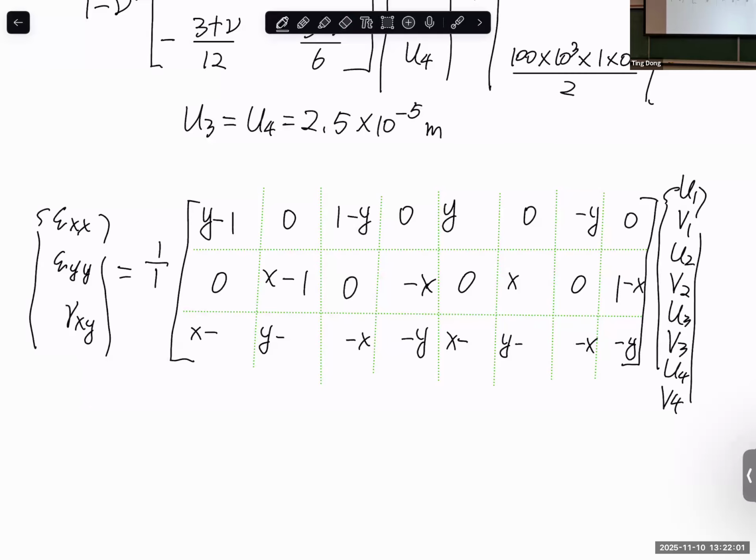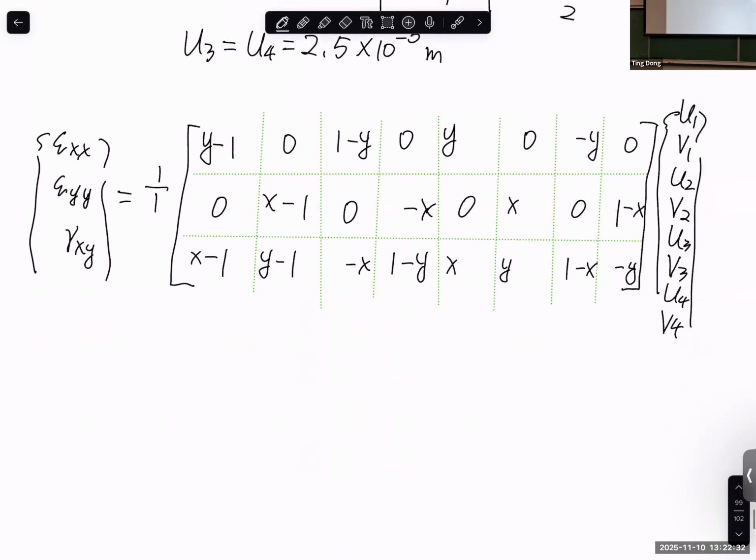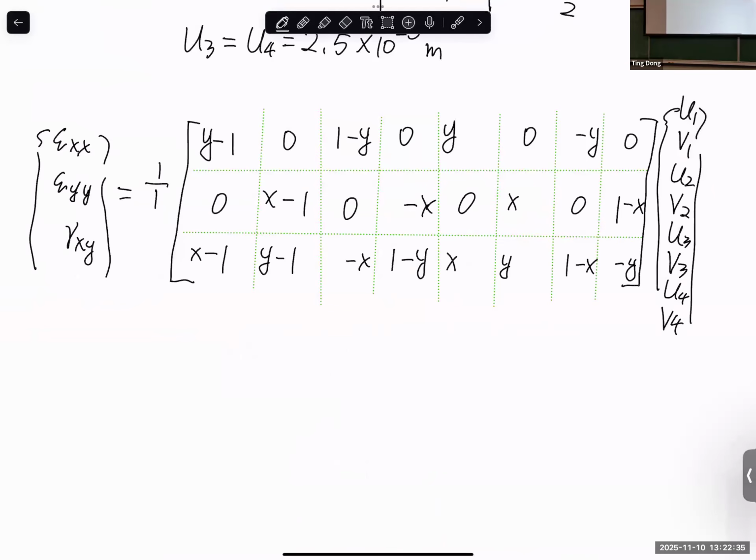So 1, 1, 1 minus y. This is 0. Yeah. So basically, the coordinate at node 1 should be 0, 0. Node 2 should be 1, 0. Node 3 should be 1, 1. Node 4 should be 0, 1. You plug in, and you get this B matrix specifically for our element. And then you can calculate.